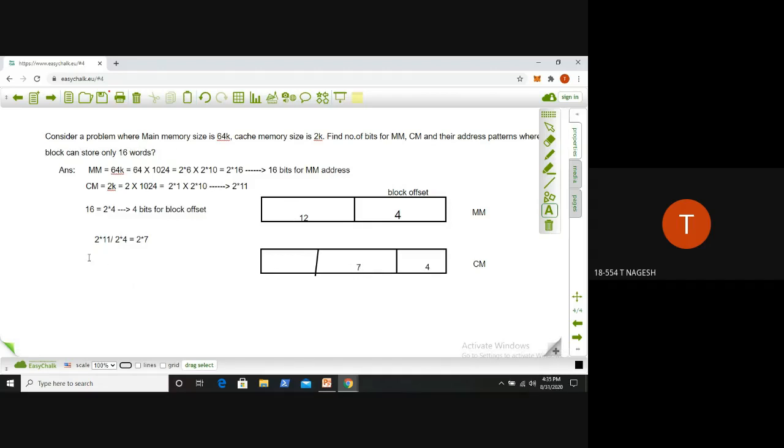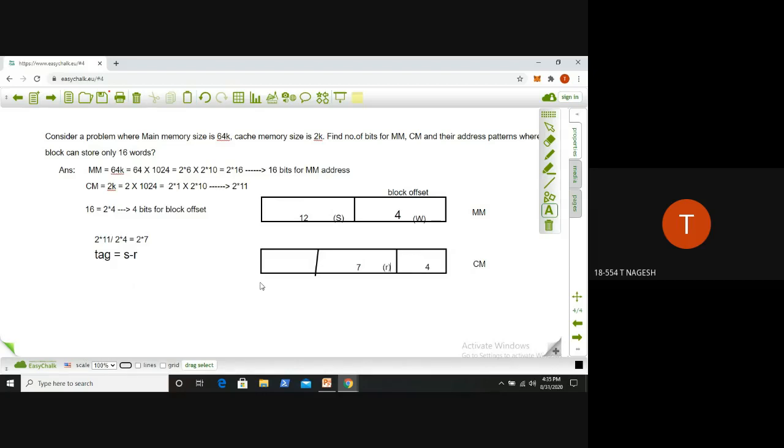To get the tag number, tag equals s minus r, where the word field is represented as w, the block number bits as s, and the cache line bits as r.